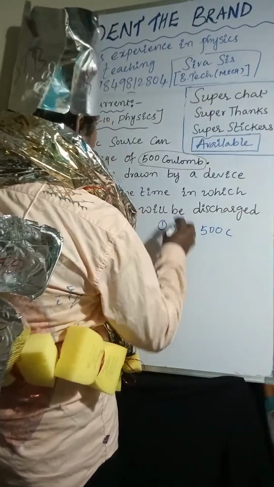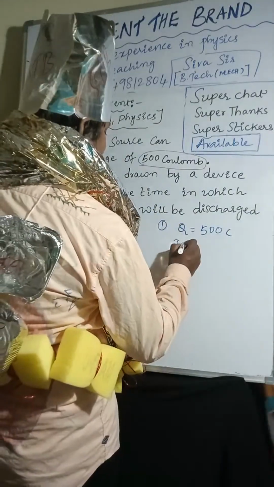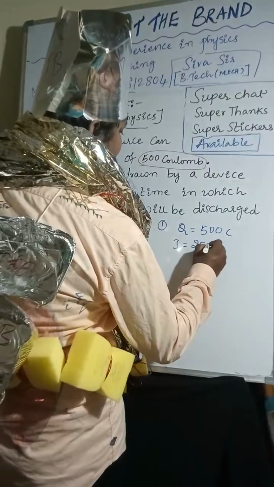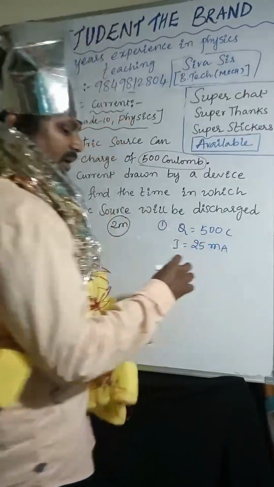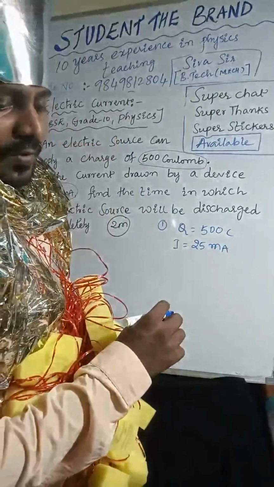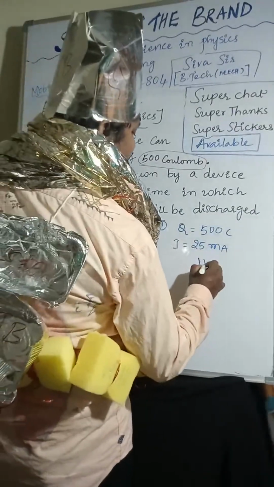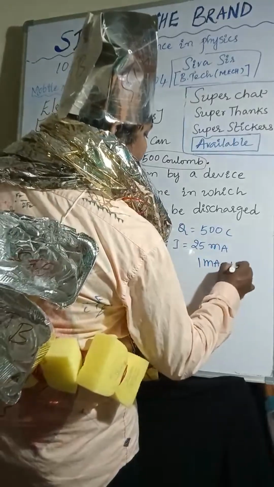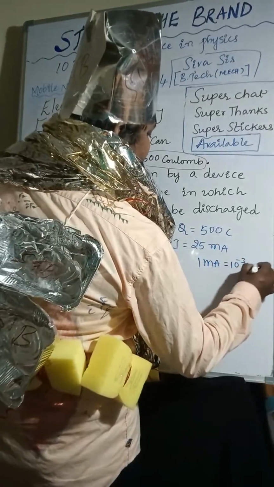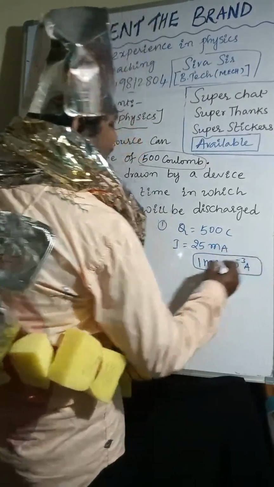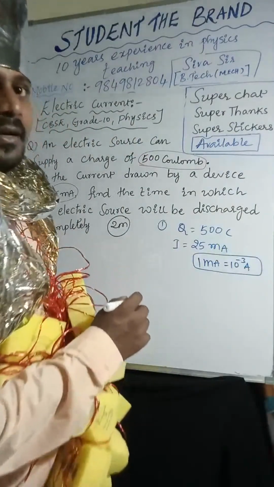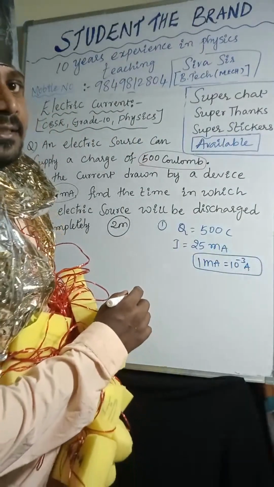The current is given, that is 25 milliampere. 1 milliampere equal to 10 power minus 3 ampere, right?